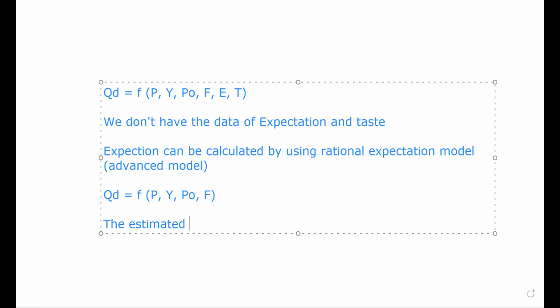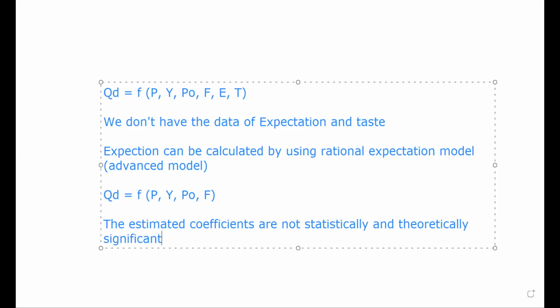For example, some of the coefficients are not significant statistically and theoretically. So we have to rerun our model. For example, maybe we have a linear model here.